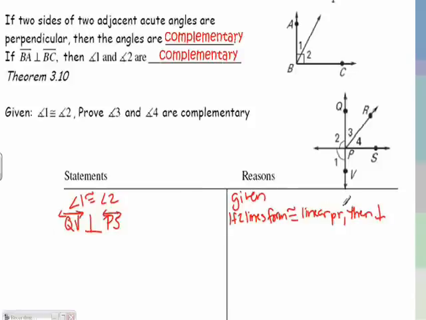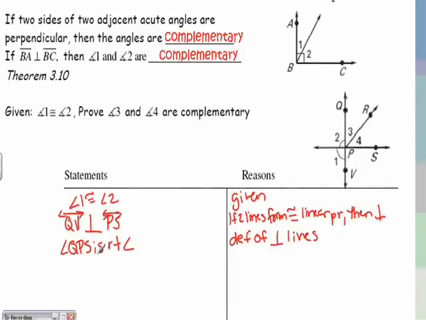So if these two lines are perpendicular, that means that this is a right angle. So we can say angle QPS is a right angle. How do we know that? Well, that's the definition of perpendicular lines, that they meet at a right angle.